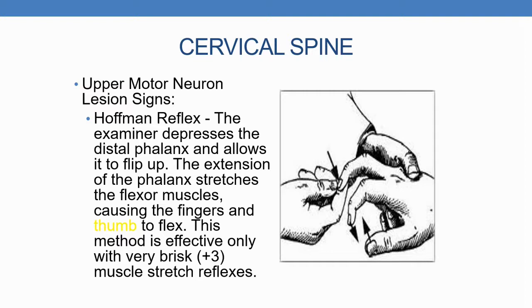Now, as the finger flicks up into extension, the extension of the distal phalanx stretches the flexor digitorum profundus muscles, and this causes the fingers and the thumb to reflexively contract, and you'll notice that the index finger and the thumb contract closer to approximate each other.